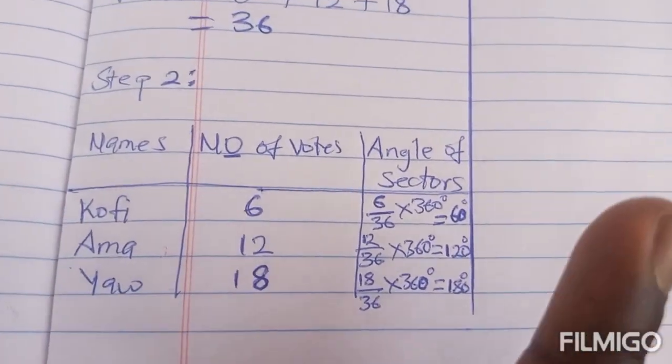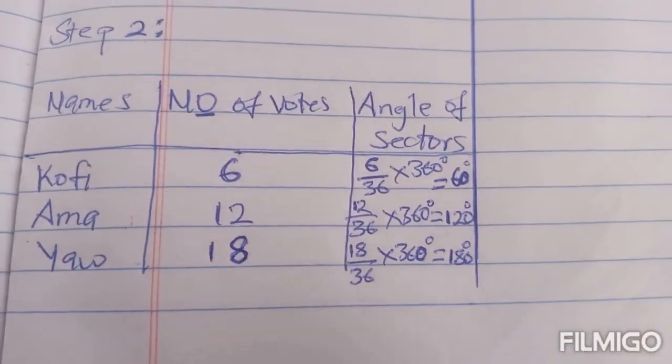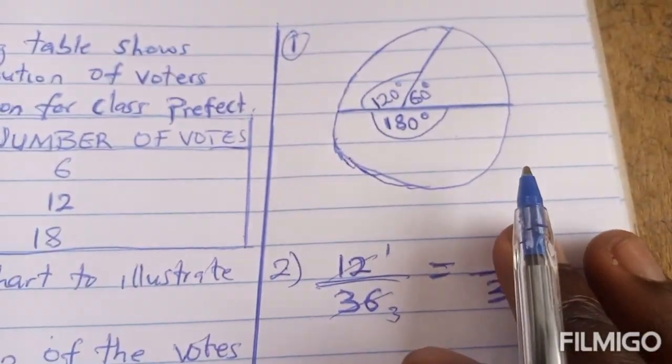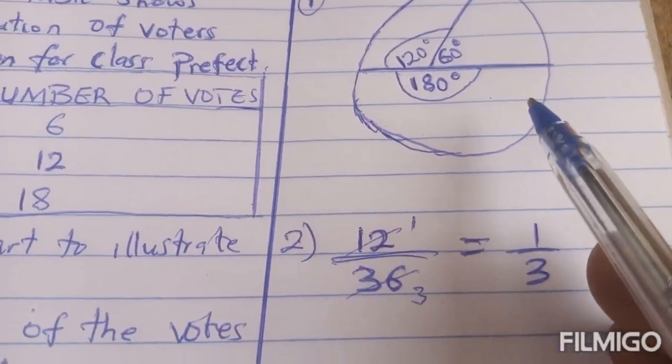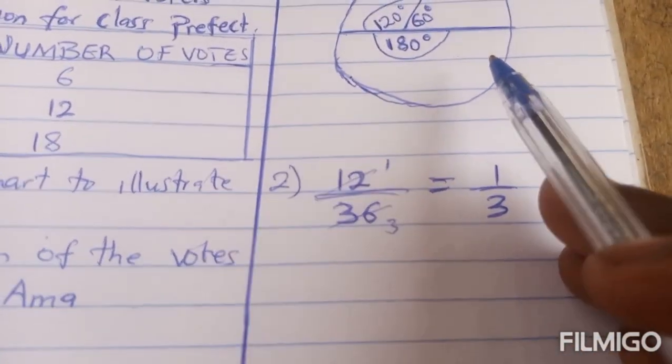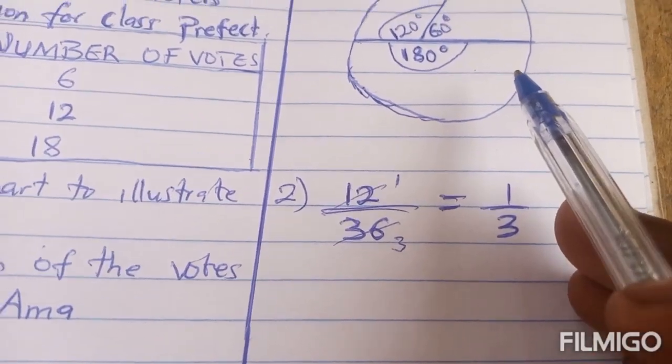So getting this is going to help you to draw your pie chart. So this is my freehand sketch pie chart. We have a 60 degrees angle for Kofi.